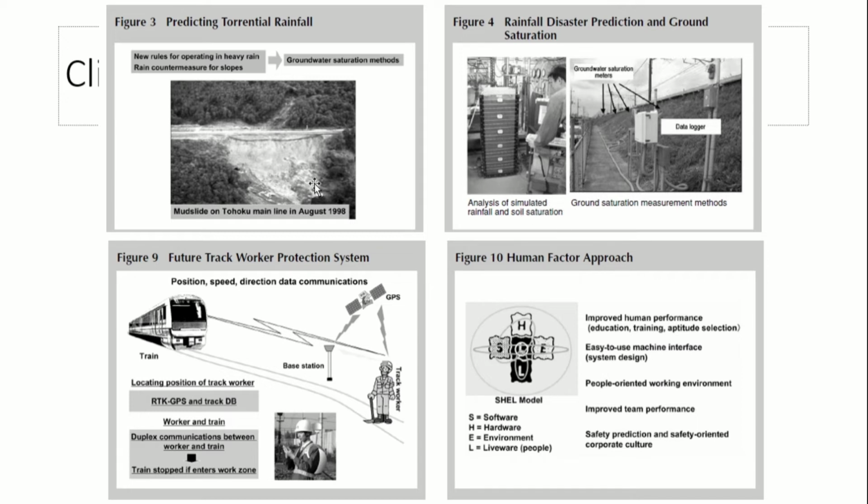So they use sensors and technology to detect and predict all the environmental disasters that may happen. They even have a GPS tracker for their workers to make sure that the train is not going to hit any worker on the track doing maintenance or anything.